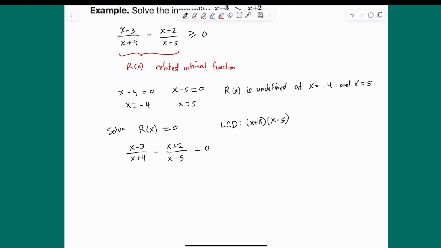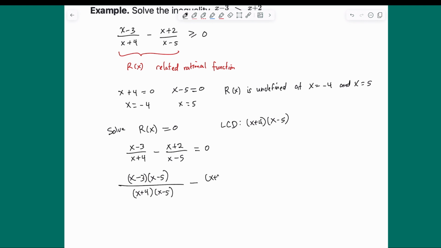I'm going to take the first fraction and multiply top and bottom by x - 5, so that I get the new fraction (x - 3)(x - 5) over (x + 4)(x - 5). Minus, well, for that second fraction, I built it up so it has the LCD, so I have to multiply by x + 4 on top and bottom.